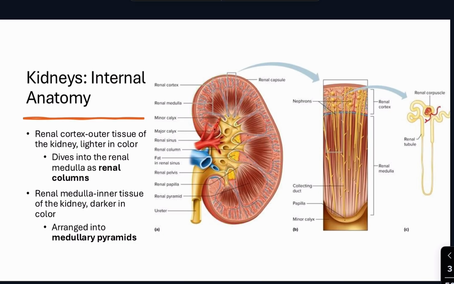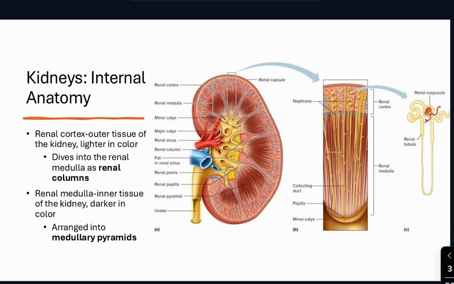And inside of the cortex, we're going to see the renal medulla. Now, you can see this both in the organ and histologically: the cortex, the outer tissue of the kidney, is going to be a little bit lighter in color. It's not going to be as dark red as we see in the medulla, right?